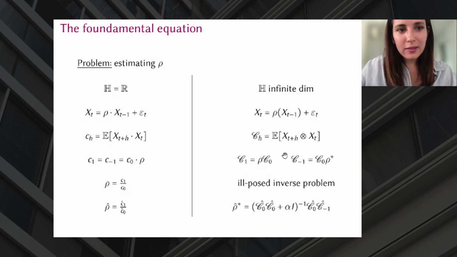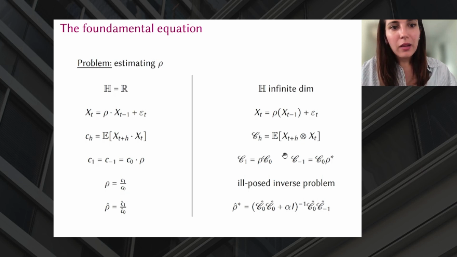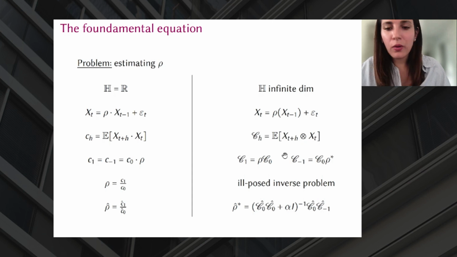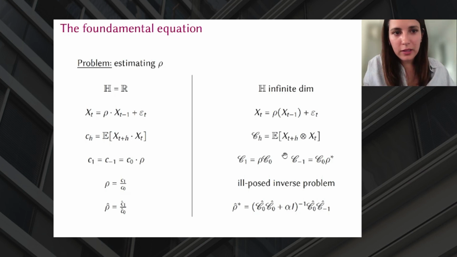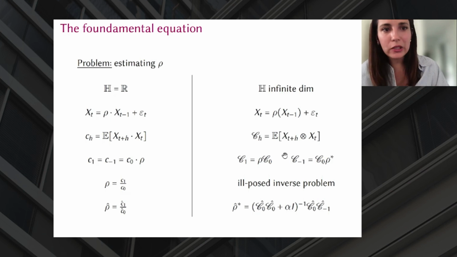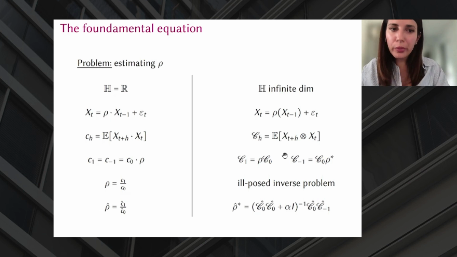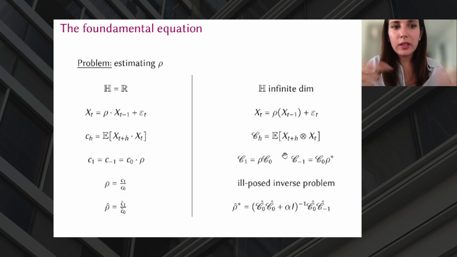Since you just need that, you can be in every kind of setting, whenever you have an estimator for C0 and C1. So for instance, in the sparse setting, we obtained some estimators. We just plugged them into this quantity here, and then we obtained directly the rate of convergence of rho hat computed with respect to those estimators. So it is valid also in the sparse regime. So the nice thing of this is that it's a very, very general result.